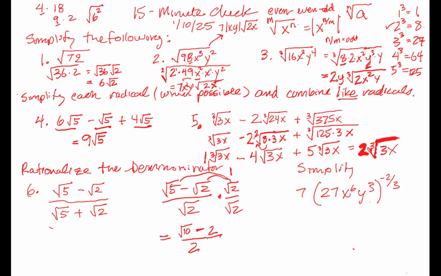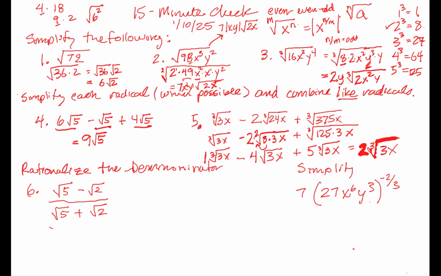But when I have 2 numbers there being added, if I multiply by 2 and a root 5, it's not going to take care of the problem. For example, let's just say we try to get rid of the square root of 2 first here. That square root of 2 would still leave a square root 10.